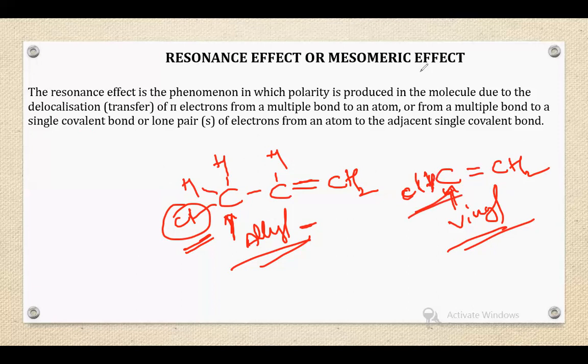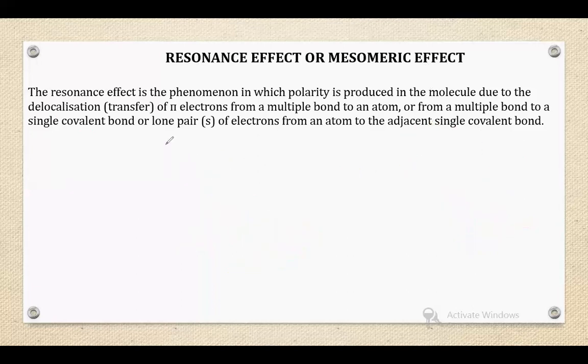So what is this? Delocalization or transfer of pi electrons from a multiple bond to an atom, or from a multiple bond to a single covalent bond, or of a lone pair of electrons to the adjacent single bond.